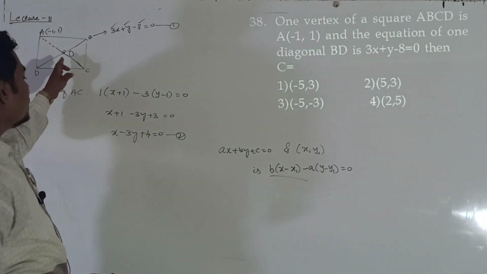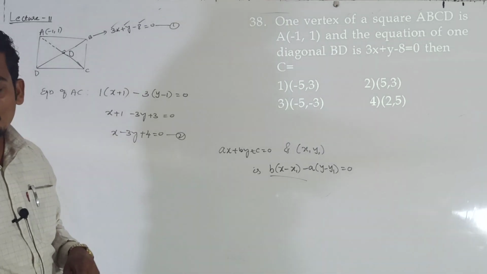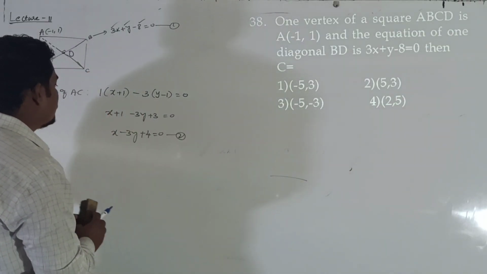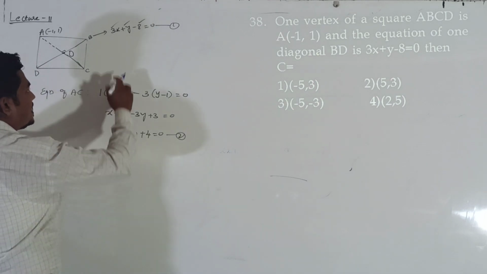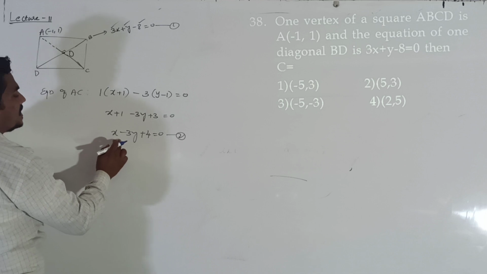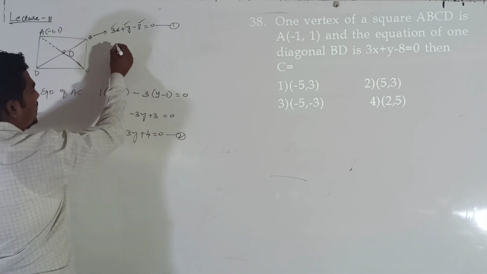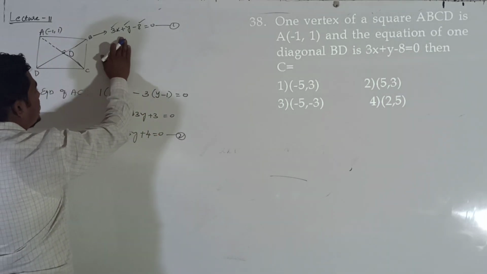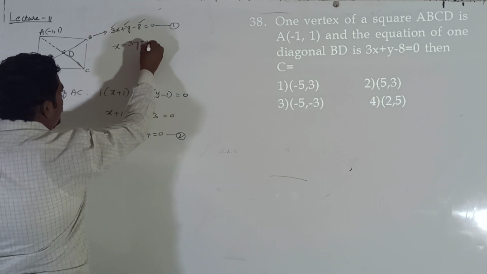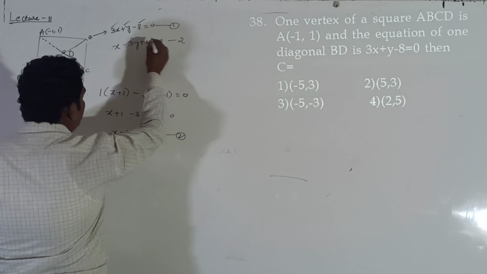First find the point of intersection of both the diagonals just by solving these two equations. Just solve by the cross multiplication method. Just write this equation here, that is x minus 3y plus 4 equal to 0. This is equation number 2.